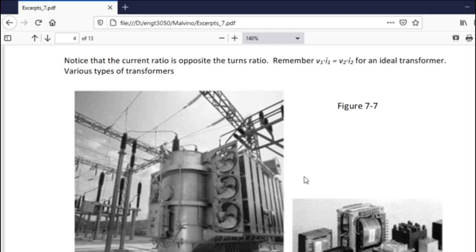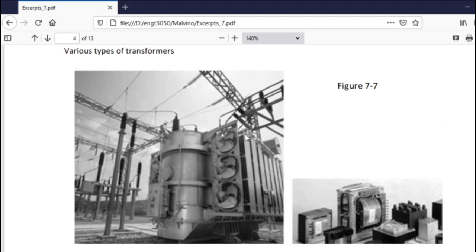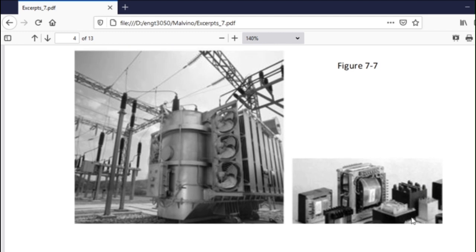Okay, so here are some transformers. Here are some real live transformers, and this would be what would be out in the yard someplace at a transformer station, in the country where you would actually see these things. And these are the small ones, the little ones that you would see in a control panel, or maybe in the back of an old style TV.